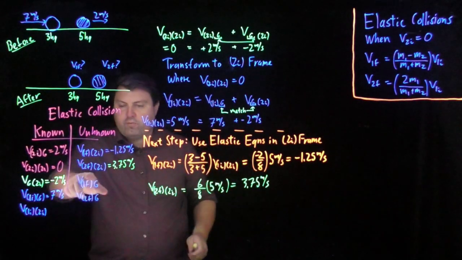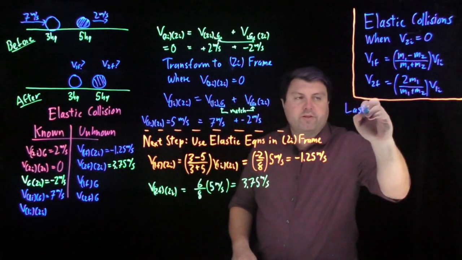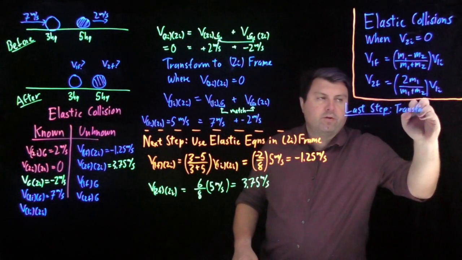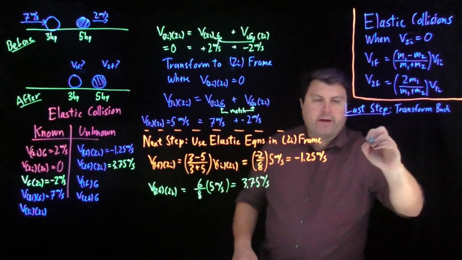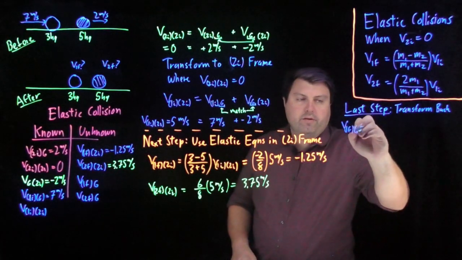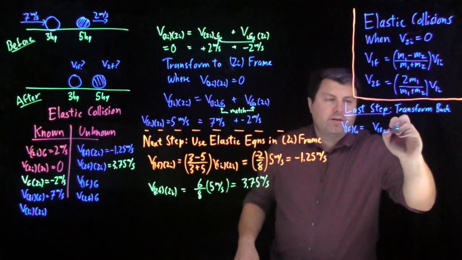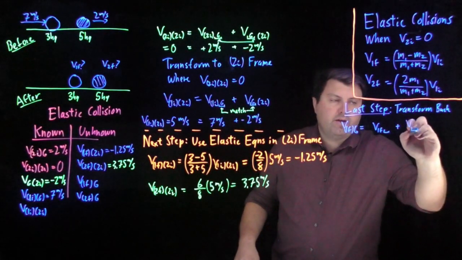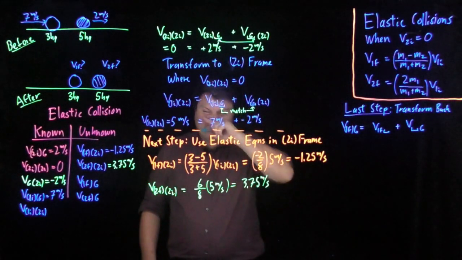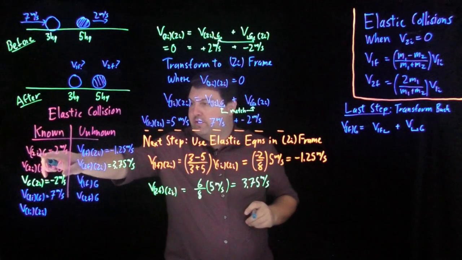How do I find 1f in the ground frame? My last step is to transform back. So I have v1f in the ground frame. This is going to be v1f relative to some shared measurement, plus v of that shared measurement relative to g. So what do I know? I know v1f 2i and I know vg 2i, or v2i g.